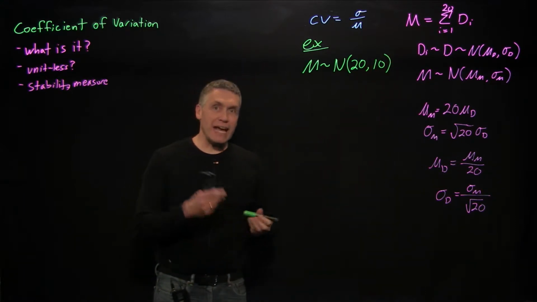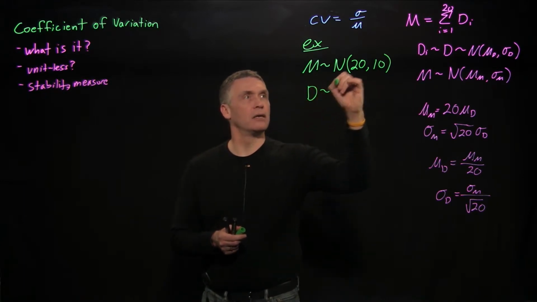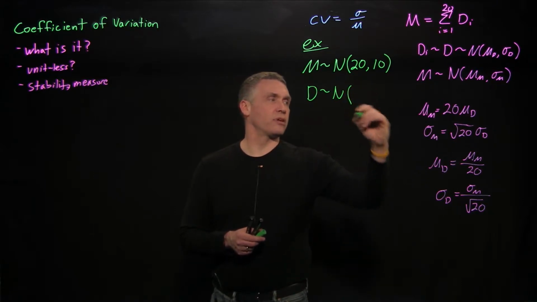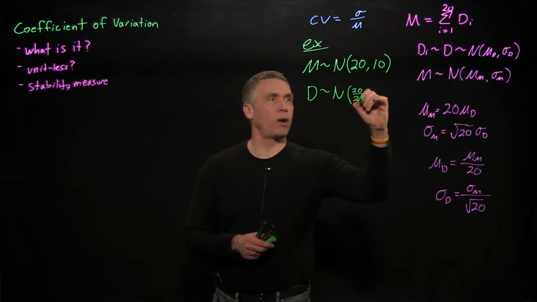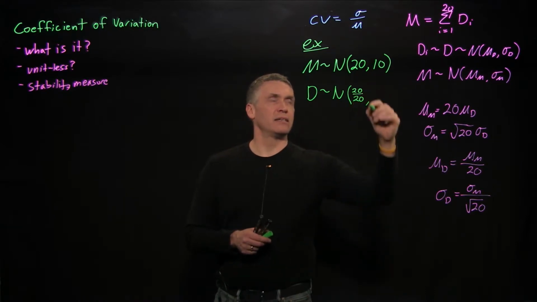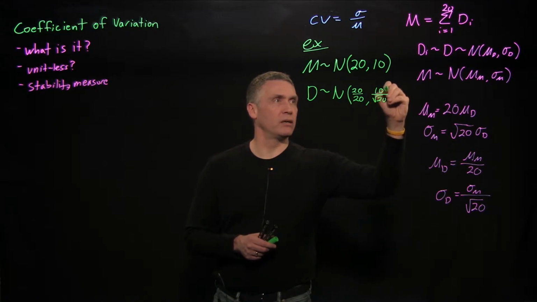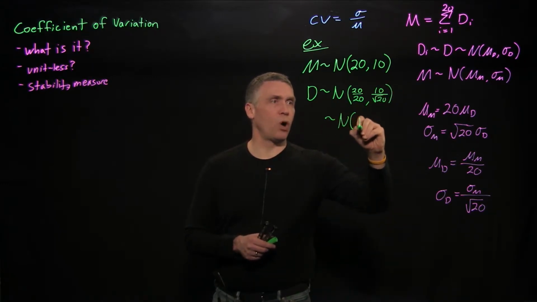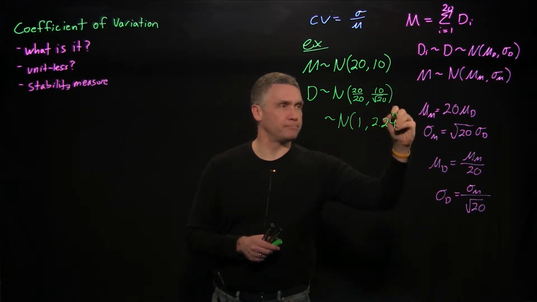The equivalent daily random variable is normally distributed with a mean of 20 divided by 20 and a standard deviation of 10 divided by square root of 20, or it's normally distributed with mean 1 and standard deviation 2.24.